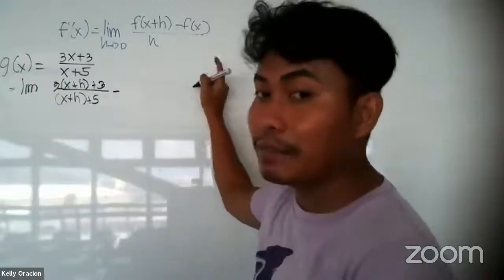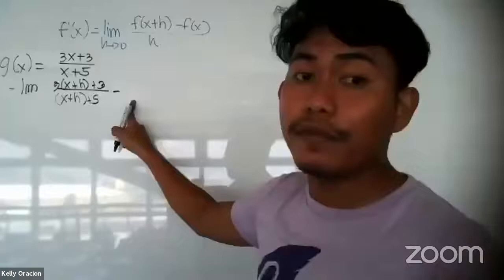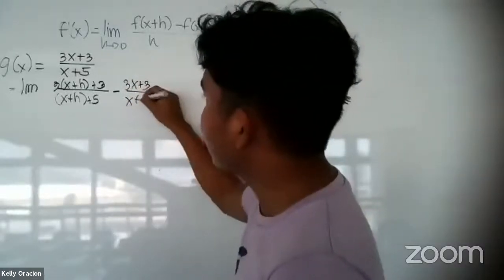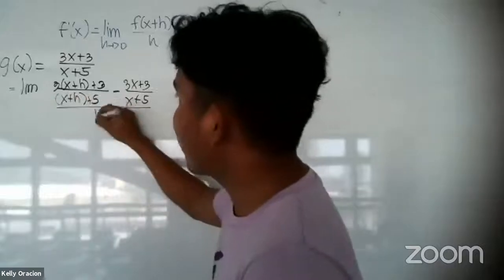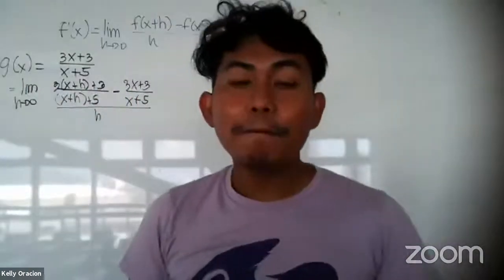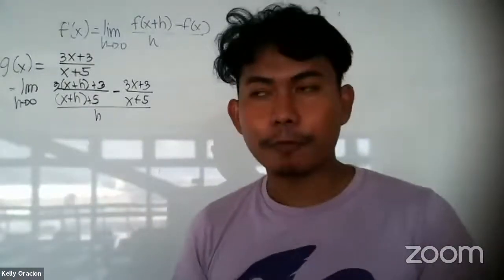So after substituting it by x plus h, subtract it naman the given function, 3x plus 3 over x plus 5, over h. And just like what I've said, do not forget to put all over h. Huwag kalimutan lagyan ng over h.